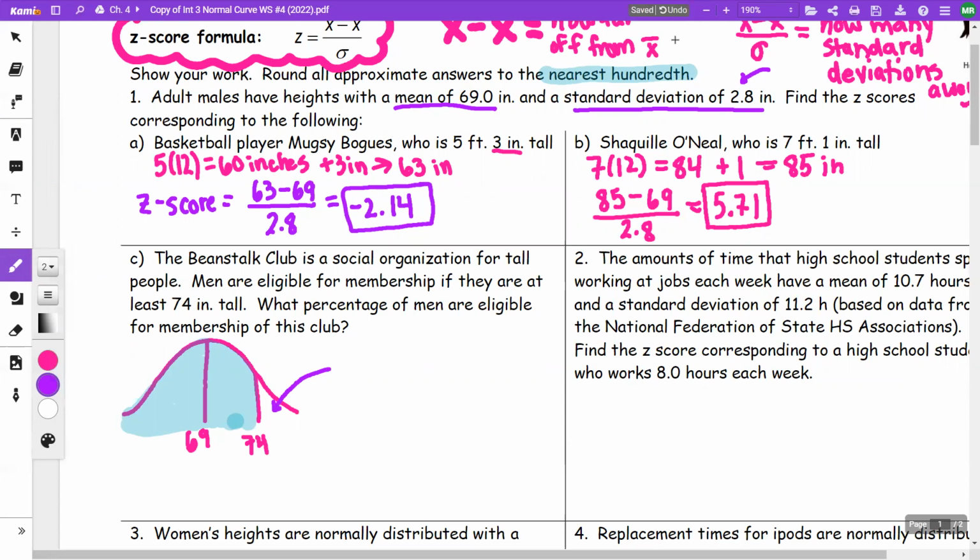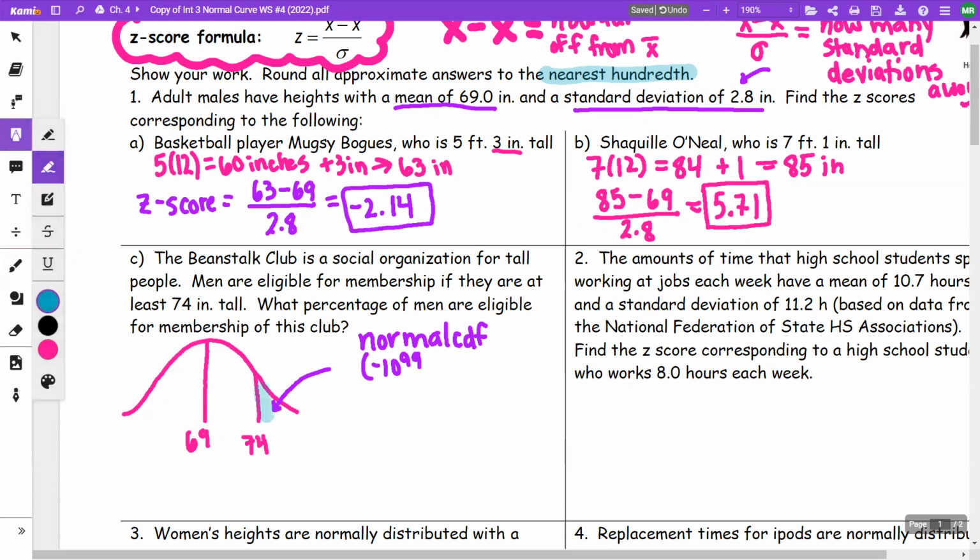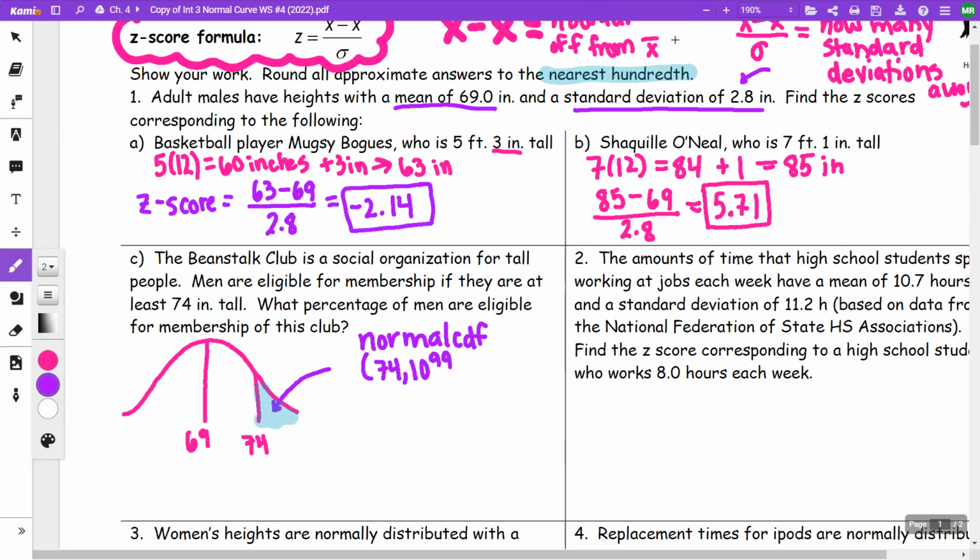So I am going to do normal CDF. Actually, I'm going to do it this way because I don't want the ones that aren't going to qualify. I want the ones that qualify. So I basically am going to want 74 for my lower bound, and infinity, or 10 to the 99, for my upper bound.